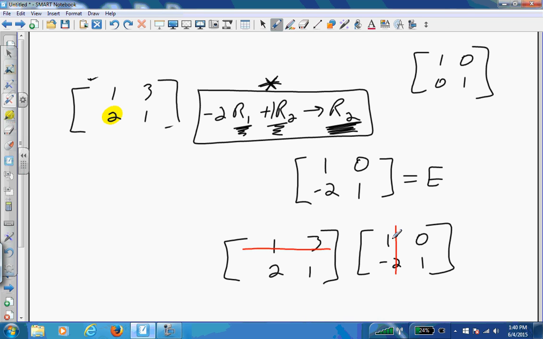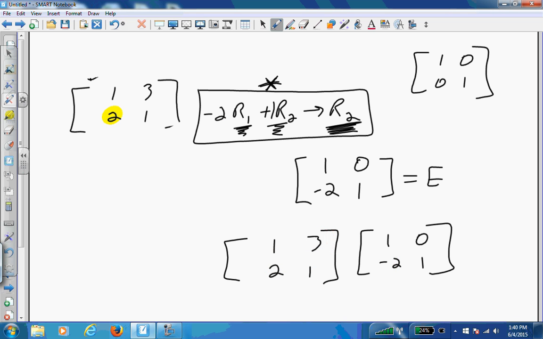Notice that would do a 1 times the first column, a negative 2 times the second column. We're not wanting the negative 2 times the second column, we're wanting the negative 2 times the first row. Even if we came down here and multiplied, that's row times column, 2 times 1, 1 times 2, so that negative 2 each time is being multiplied by that column. And that's not what we're after.